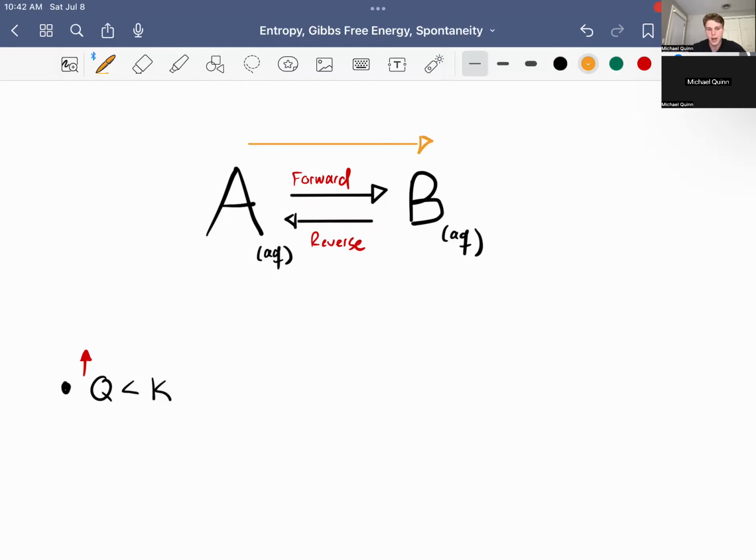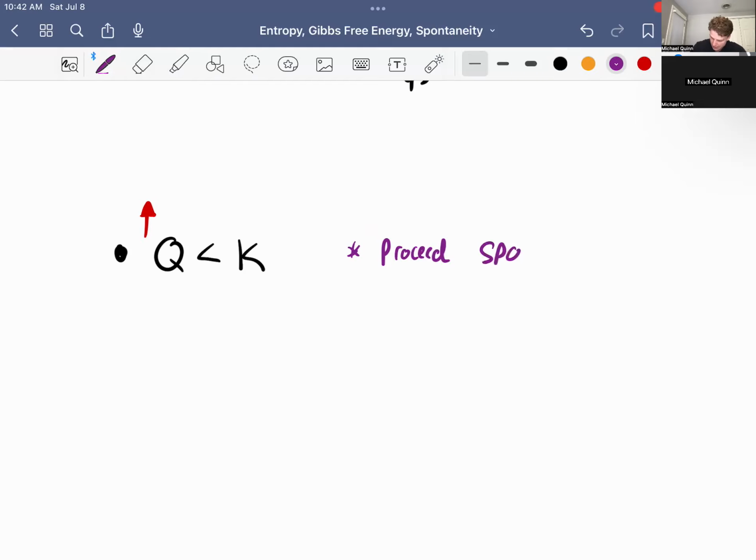Now, what we can say when Q is less than K is that this reaction will proceed spontaneously in the forward direction.